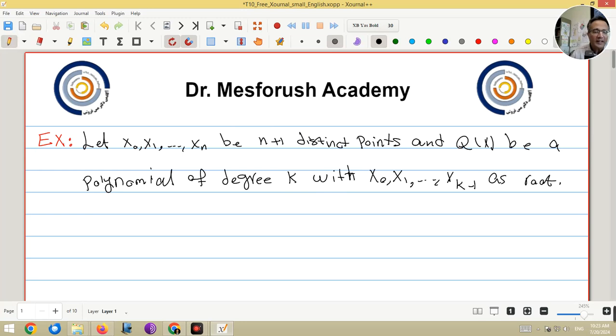It means that q at x0, at x1, and at xk minus 1 will be 0. Okay? And k is less than or equal to n.